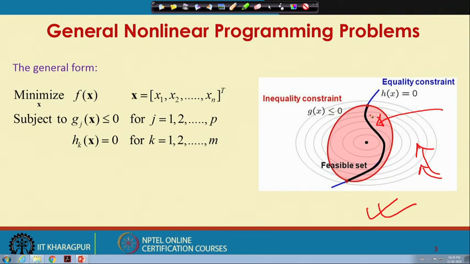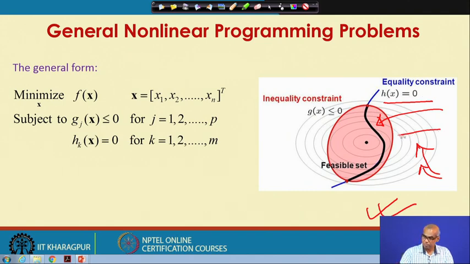In the absence of equality constraint, we will find the optimal solution to the problem within this feasible region, but we have equality constraint as h(x) equal to 0, which is indicated by this bold curve.